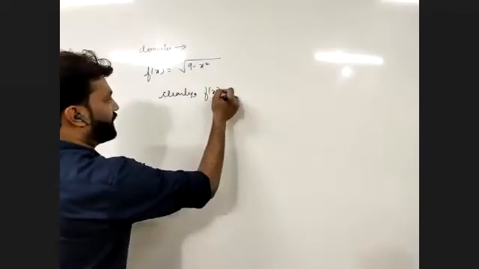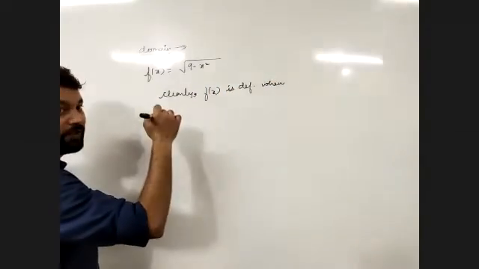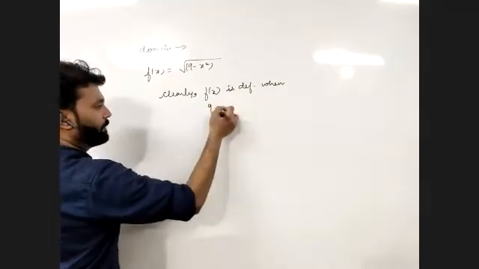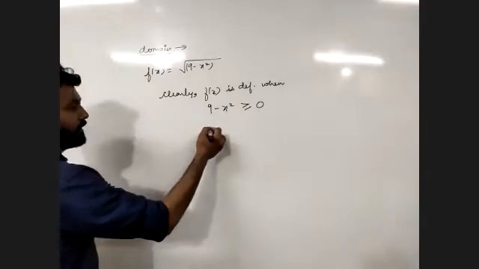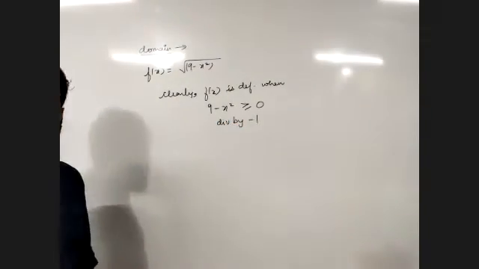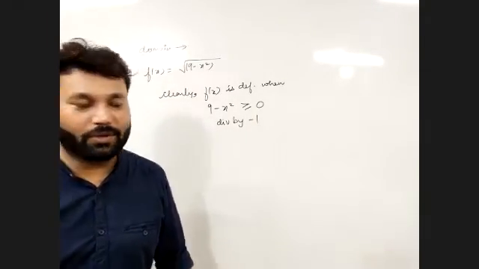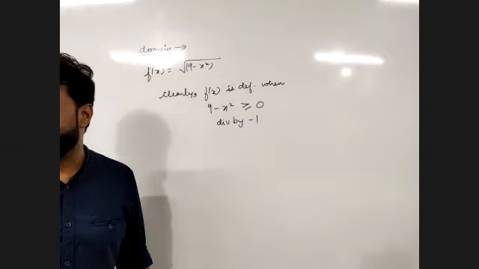Clearly, f(x) is defined when this expression should be positive. 9 minus x square should be greater than or equal to 0. Dividing by minus 1. Why do we need to divide it by minus 1?